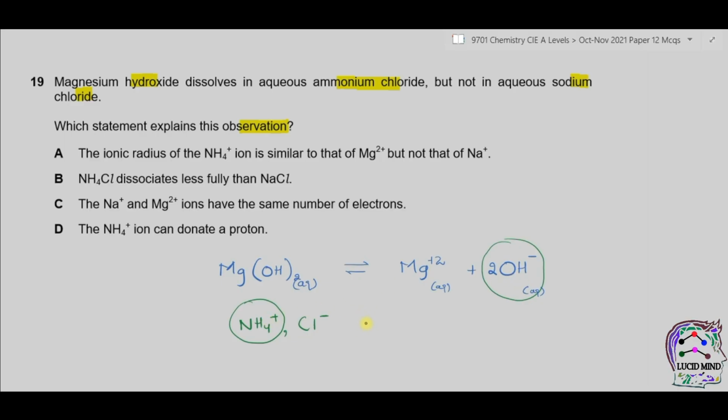We can write the equation. Ammonium ions and hydroxide ions can react to form ammonia and water. Now we can see that NH4+ has donated a proton to OH- to form NH3, and OH- has gained a proton to form H2O.